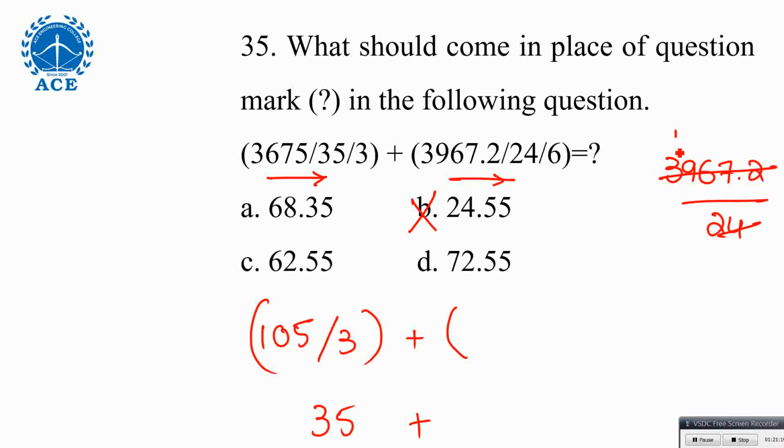So 1 times 24, we have 156. 156, 15 remainder. 6 times 144, still you have 127.